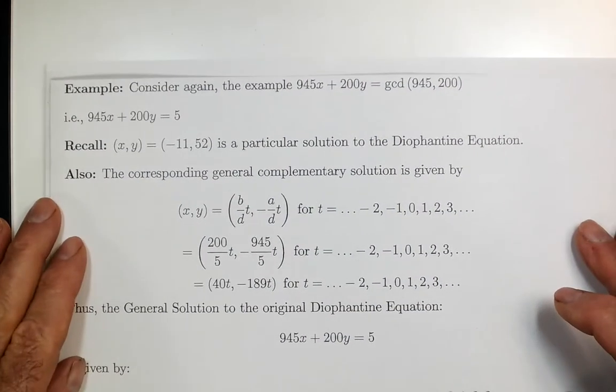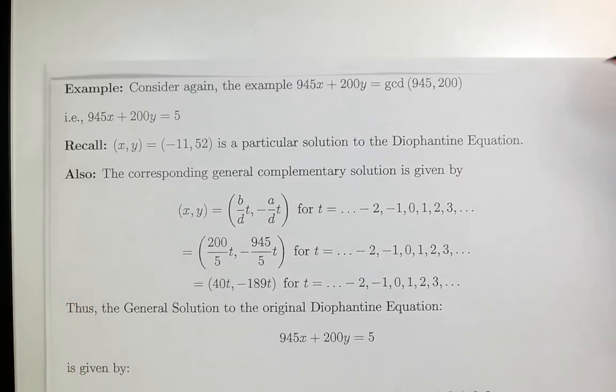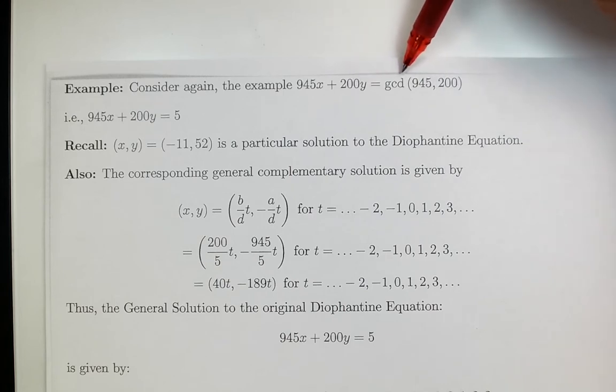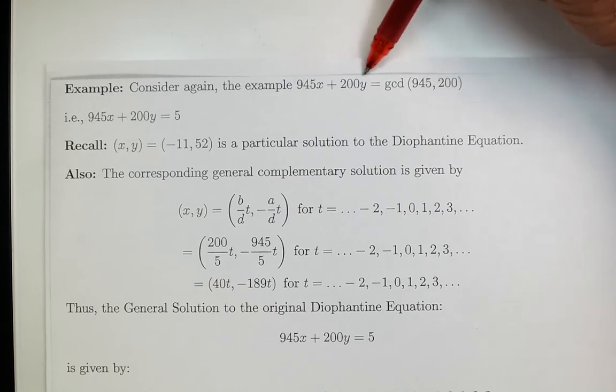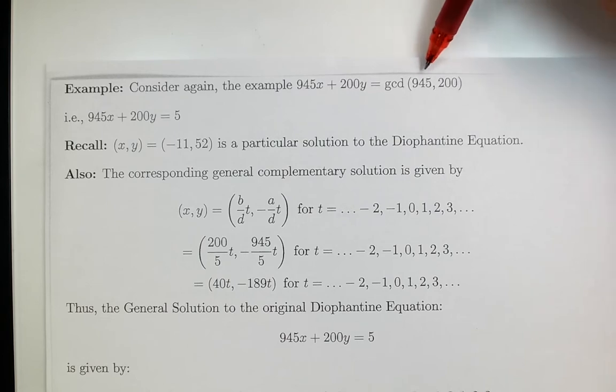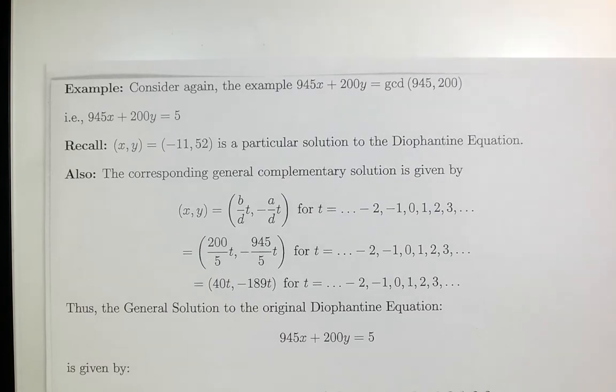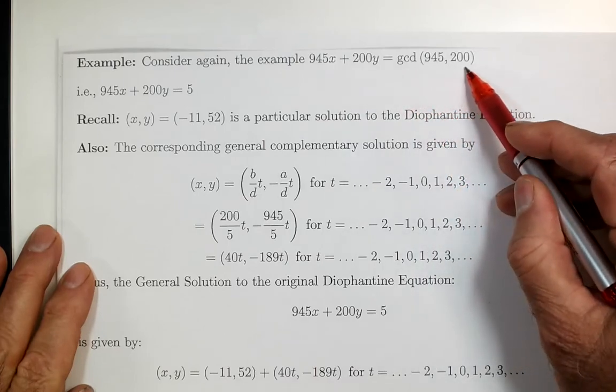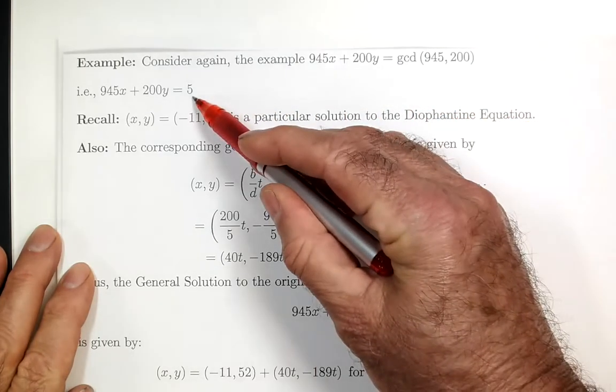For example, consider again the equation 945x plus 200y equals the greatest common divisor of 945 and 200, that is, ax plus by equals the greatest common divisor of a and b. Well, we found the greatest common divisor of those two numbers. It's 5.